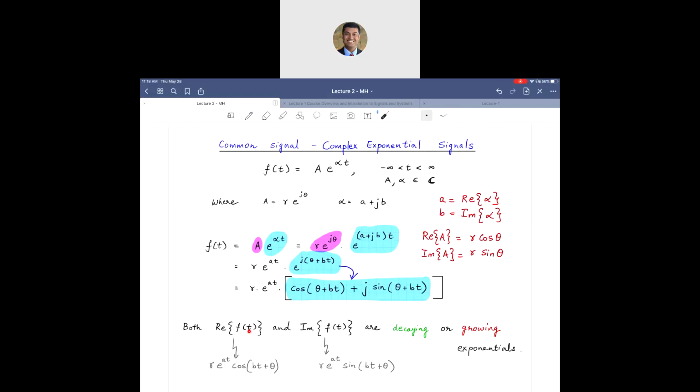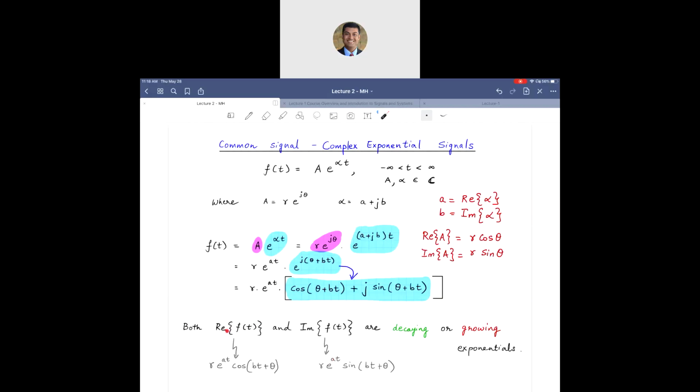The real part of f of t is going to be what? r e to the at cosine of (theta plus bt). So all of that is the real part of f of t. And imaginary part of f of t is what? r e to the at sine of (theta plus bt).